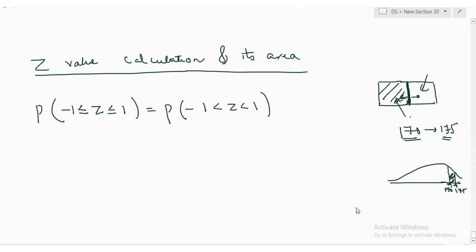So what I'm trying to say, similarly, if we want to find out the area between 170 to 175, it doesn't matter, it is equivalent to or just less than. You guys are understanding what I'm saying? So the area less than this or equivalent to this, it doesn't matter, right? Similarly, here also in continuous data, we don't give much importance to the equality, but in case of the discrete data, there are a lot of difference. Why?